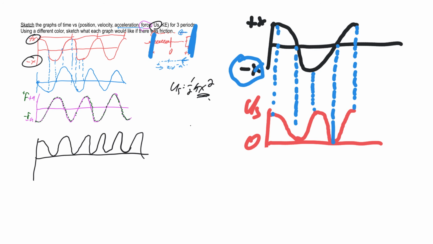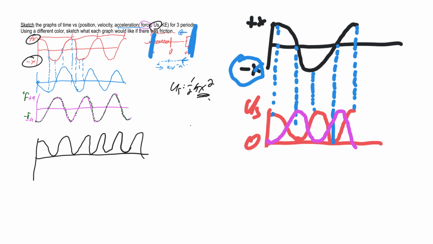Okay, and then kinetic energy, once you know the US, kinetic energy is pretty easy to find because it's just the opposite, right? So this would start out at 0, it would go up, maximum, down, up, and then back down to 0.